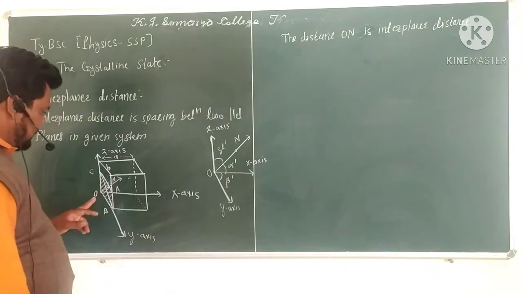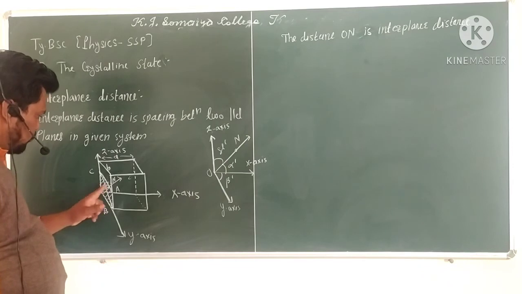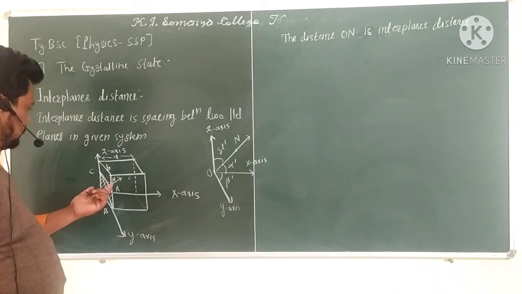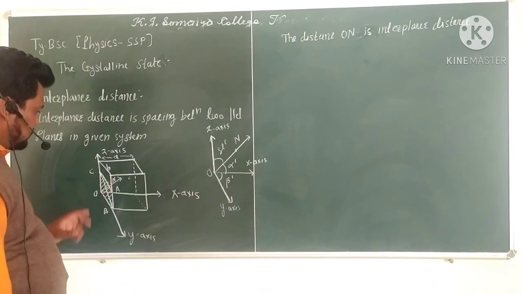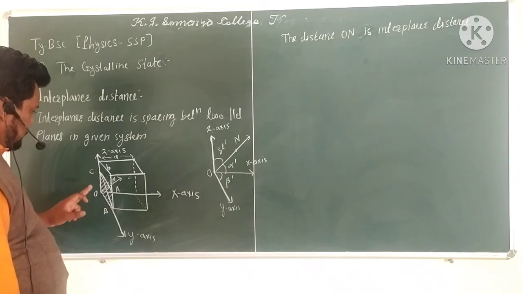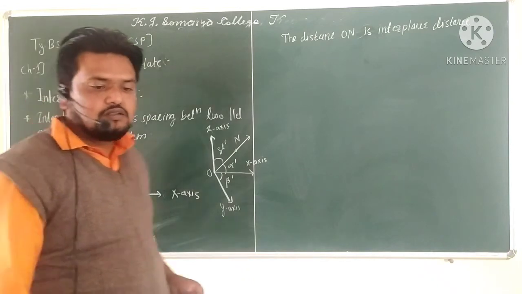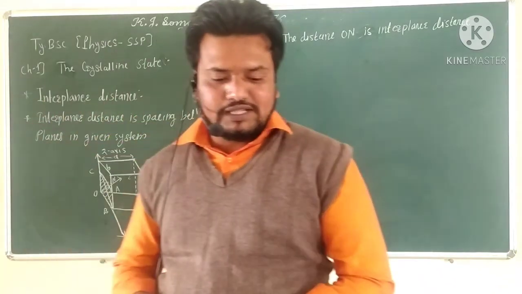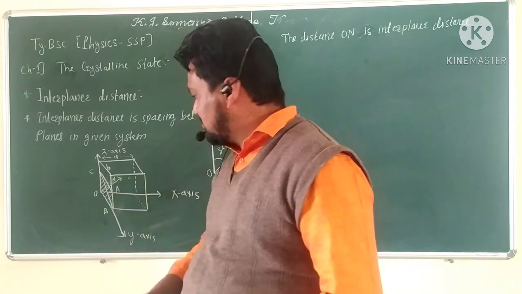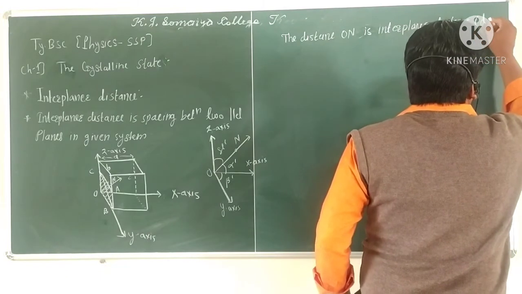Consider in this figure the distance from O to this point, for example N. This is ON, which is the interplanar distance of the plane ABC. So this is A, B and C. This ON is considered the interplanar distance, the small d.